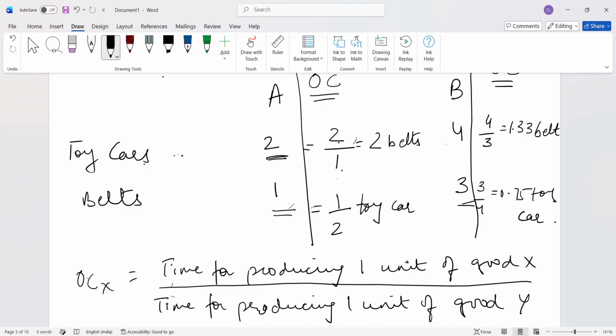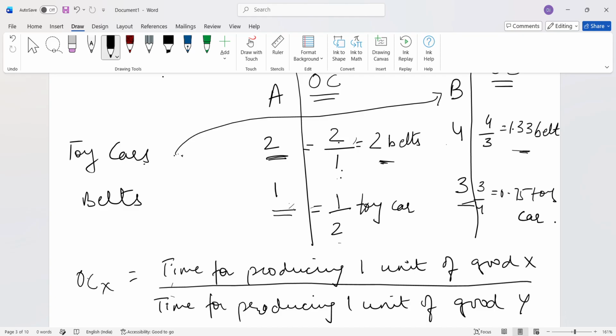Now you will again compare the opportunity cost and see which one has a lower opportunity cost in the production of a particular good. So it's 2 belts and 1.33 belts. So country A obviously is not that efficient in the production of toy cars. So country B would be producing toy cars.